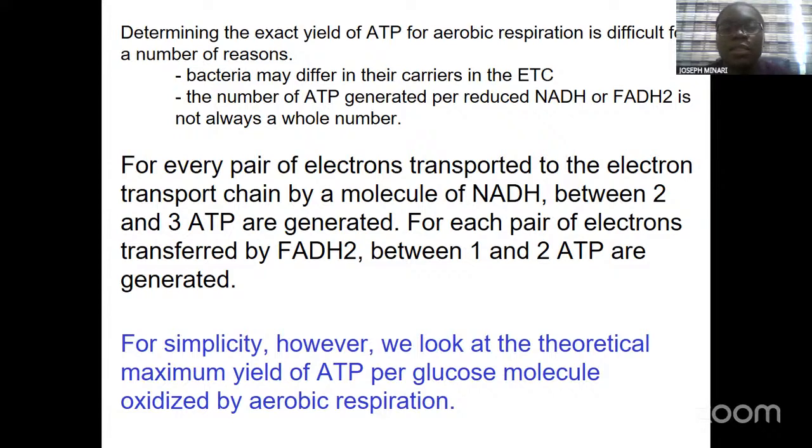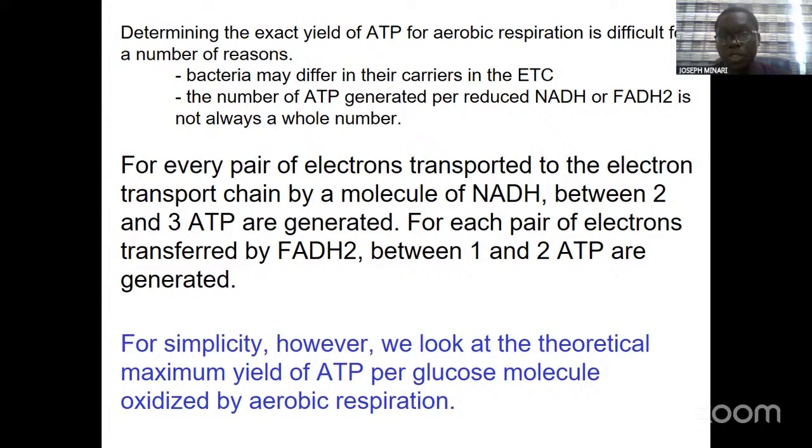Bacteria may differ in their carriers of the electron transport chain, but the number of ATP generated per reduced NADH and FADH is not always a whole number. So some of these things may vary depending on the kind of organism.